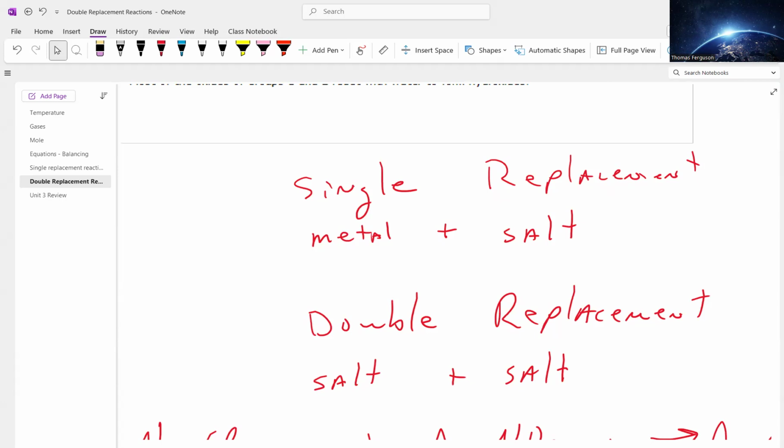Double replacement is you have a salt and a salt solution. Add those together. And there's no oxidation reduction.